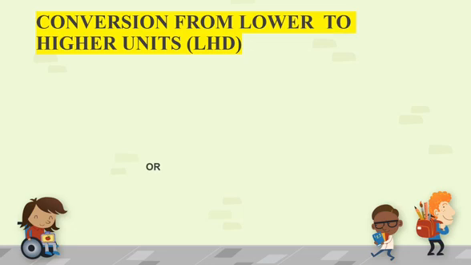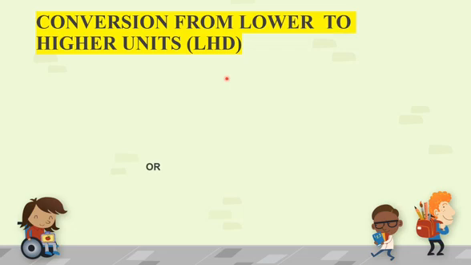When your answer is there for why, you will always remember the concept very nicely, thoroughly, lifelong. So here, why is division done? Because we are converting from lower to higher unit. We are going from lower to higher unit, and when we go from lower to higher unit, we divide.